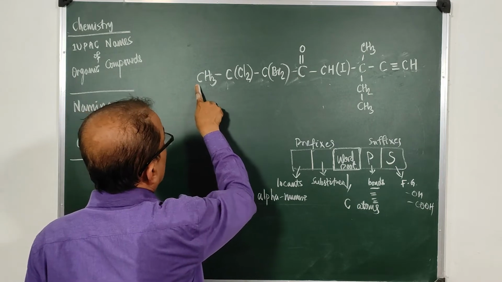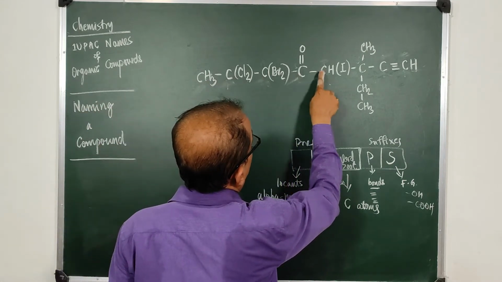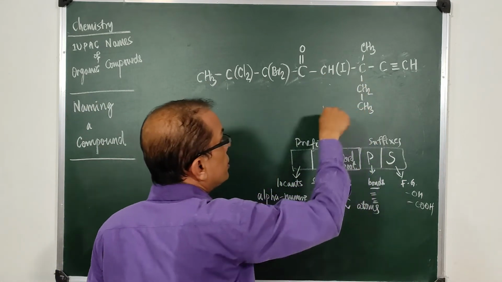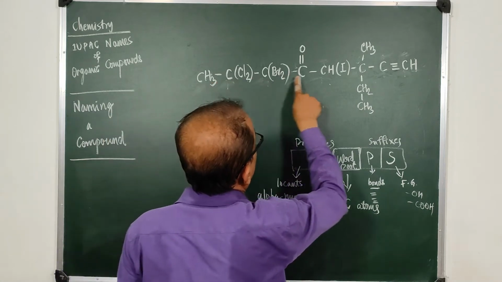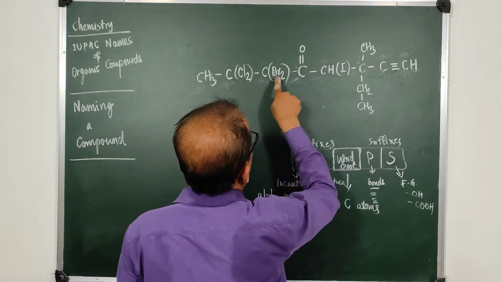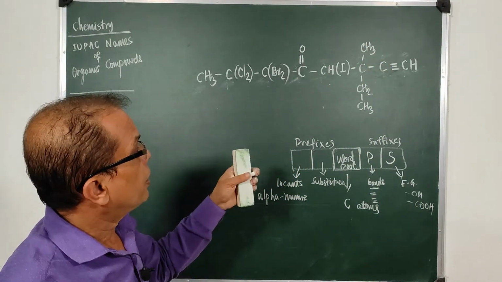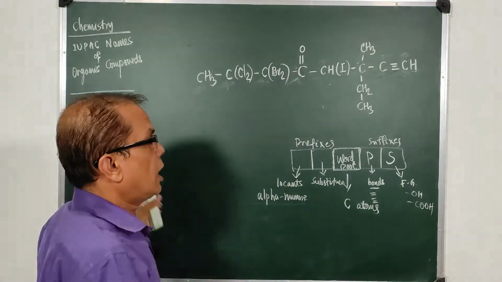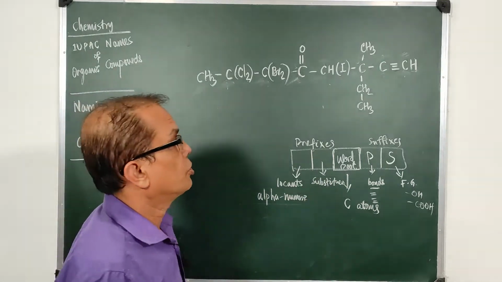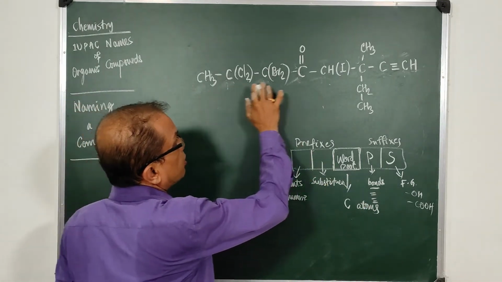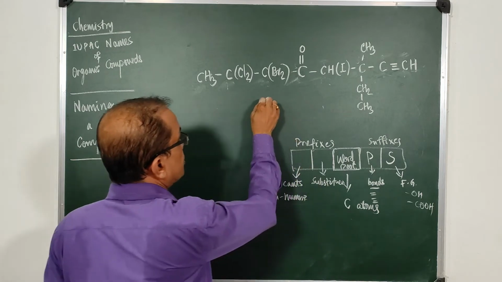And if I go in this direction 1 2 3 4 5 6 7 8, this is also 8 along this line. And if I go along this direction 1 2 3 4 5 6 7. So I have first to choose a direction in which I have the maximum number of carbon atoms, and here the maximum number of carbon atoms is 8.